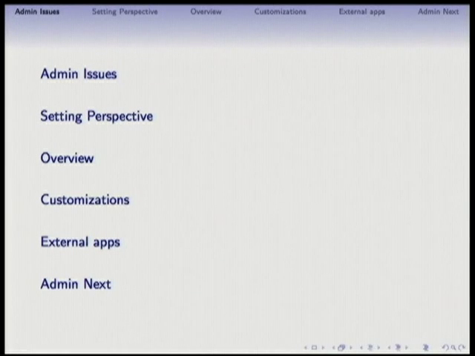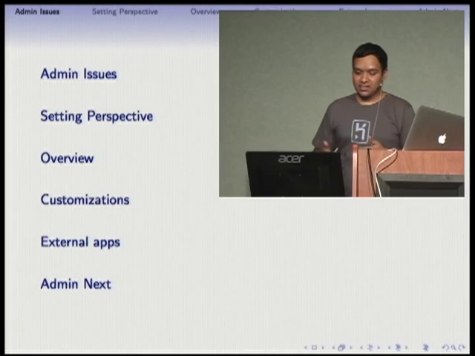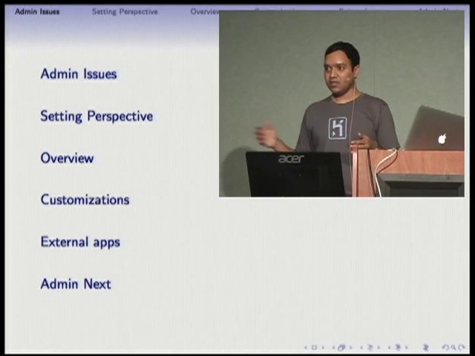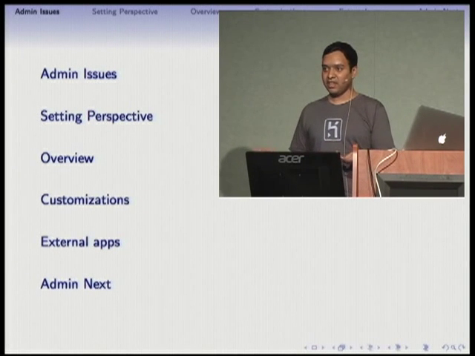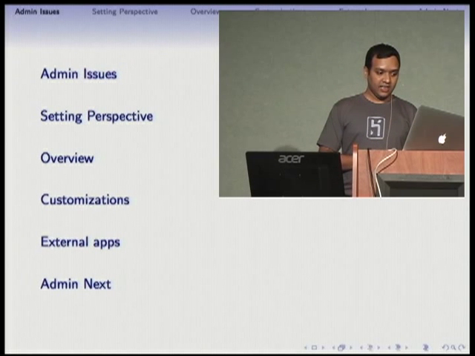So we just went through some of the commonly perceived issues of admin. Over the course of the remaining 20 minutes or so, I'm going to cover the most important thing, setting the perspective. We will also look at what things Django admin actually gets right, so the things that it lacks don't really matter. Once you start doing customizations, you will know how to make it clever if you look at it rightly, and you will also find a lot of external applications that aid you in doing it.